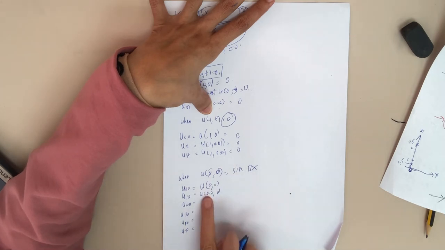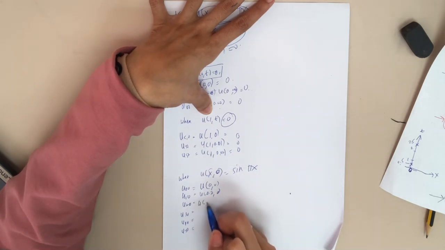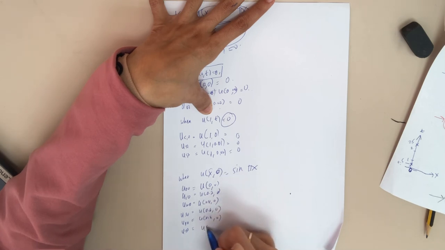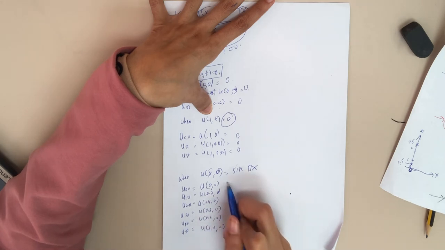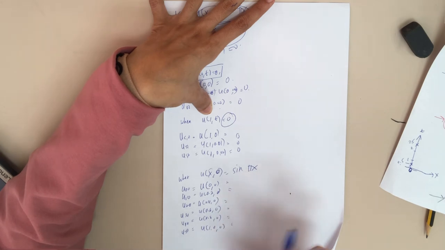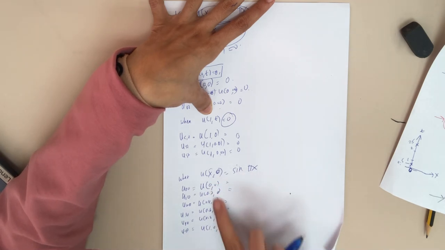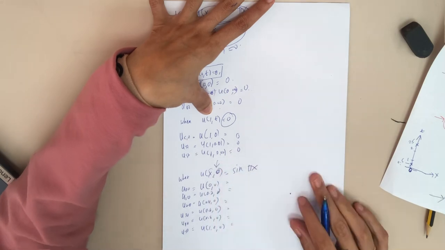Okay, class, 0.2 is the value for X, and then 0.4, 0.6, 0.8 and 1.0. And then the T, semua sama kosong, sebab kat sini T kosong.